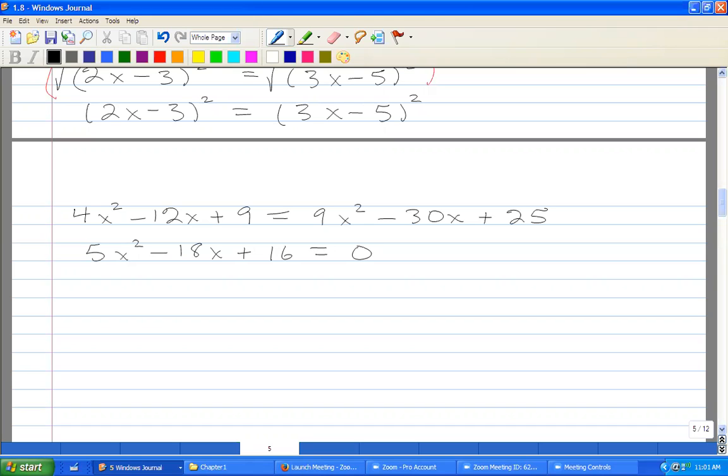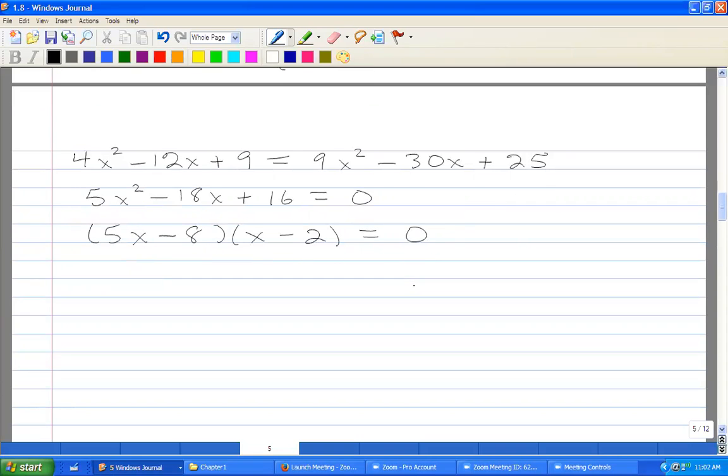And so let's try to factor this. And let's see if we can factor it. And so I get 5x squared minus 10x minus 8x is minus 18x plus 16.